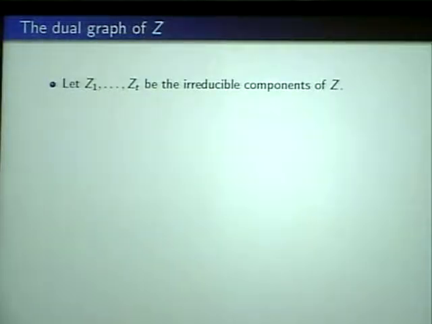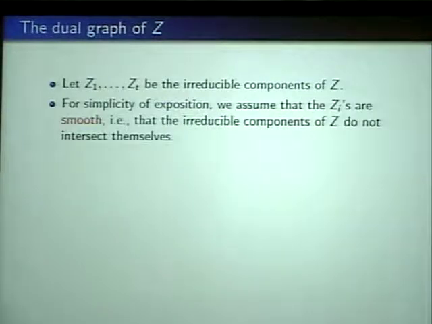So if Z1 through Zt are the irreducible components of my special fiber, now, for simplicity, I want to assume that these components don't intersect themselves. Either you can reduce to this case easily, or you can treat the more general case without much more difficulty.